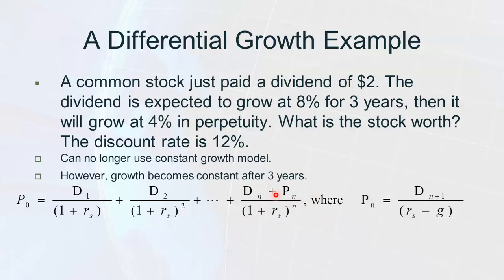If you remember your constant growth formula, if you have constant growth, you can compute the stock price at the beginning of that constant growth. So basically your dividend growth starts becoming constant after year 3.